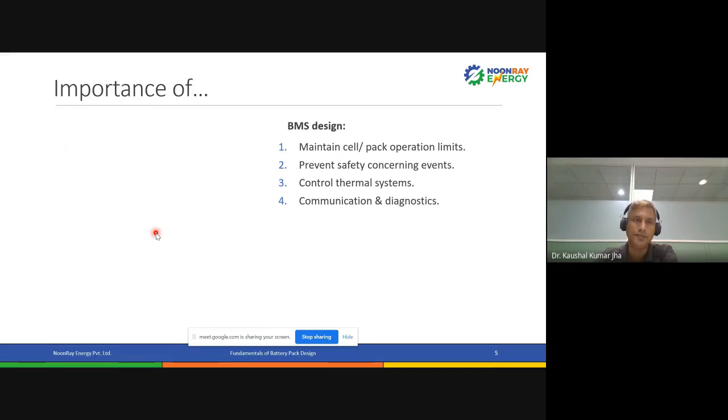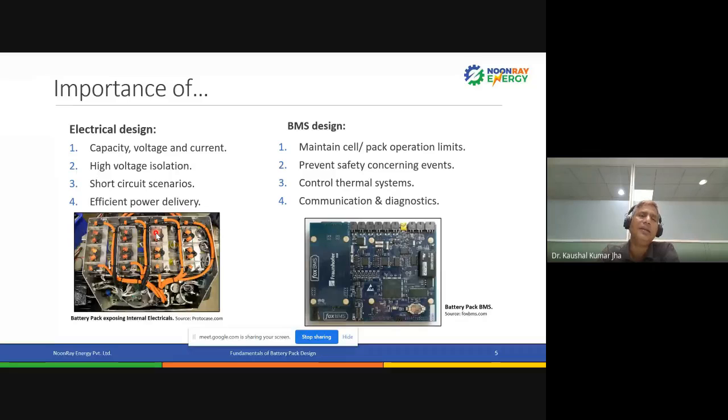Now, next is electrical design. In electrical design, why is it important? We find out what capacity, voltage, and current are required to run the vehicle. Based upon that voltage, current, and capacity, we arrange the cells in series and parallel, or parallel in series, to deliver that particular capacity.